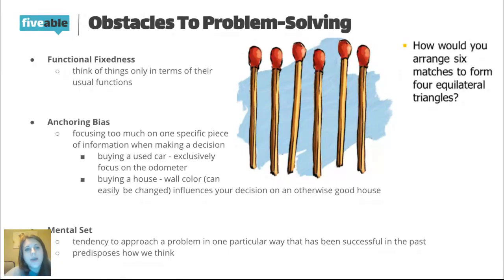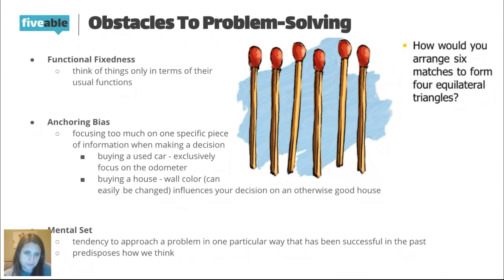So you have to get past that mental set, that thinking approach of, typically if you have to arrange things, you want them laying flat on a surface, right? And so your predisposition to thinking about that problem in that way would lead you to not be able to actually solve the problem. So you have to think outside the box. Basically, the mental set is like breaking outside of the box and thinking about something in a new or different way.